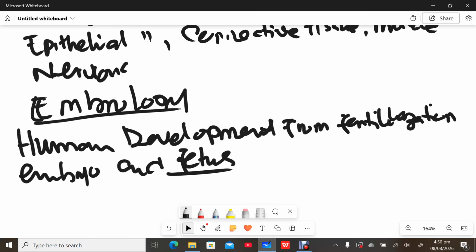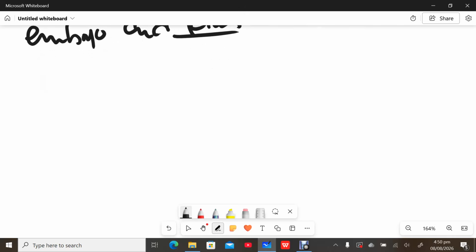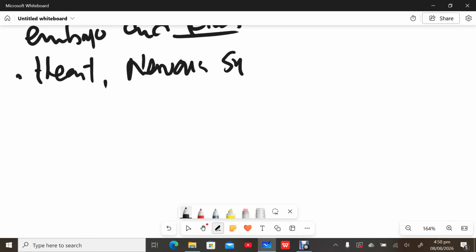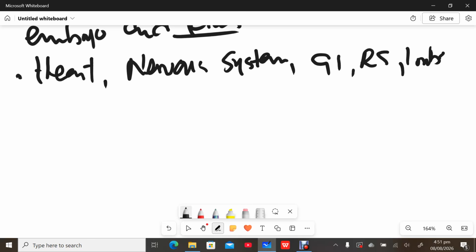For example, of organs that you're going to learn about: the heart, how the heart develops, the nervous system, the gastrointestinal tract, all the organs, the respiratory tract, the limbs. Simply, we are going to learn everything, like development of everything.